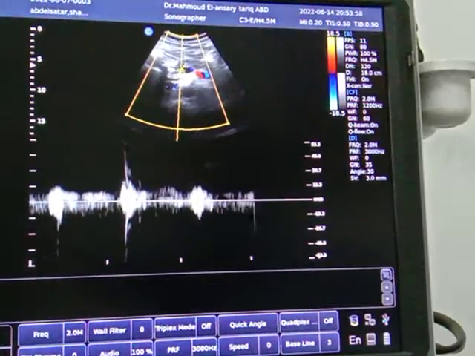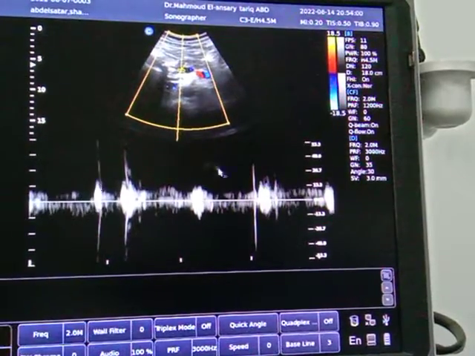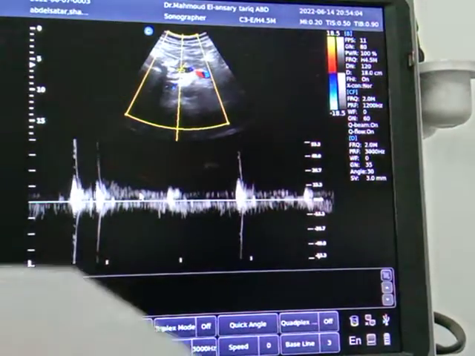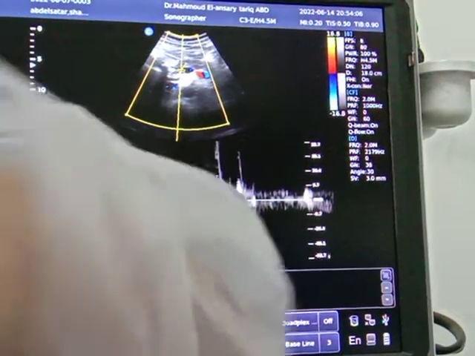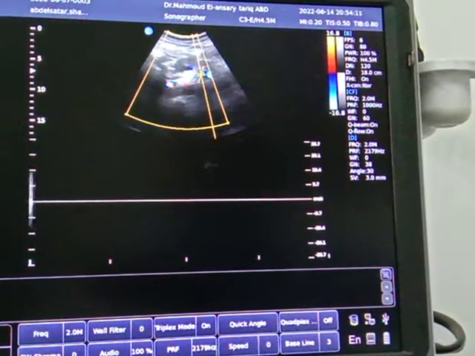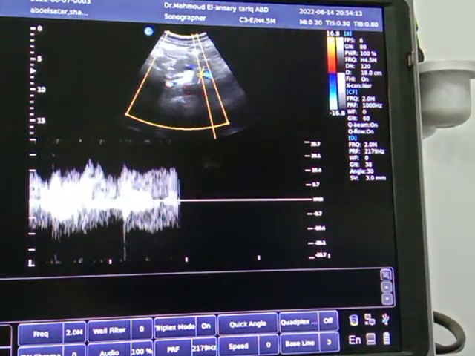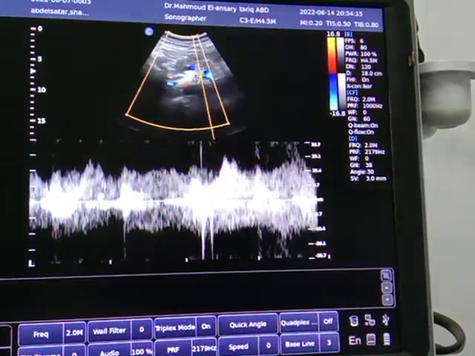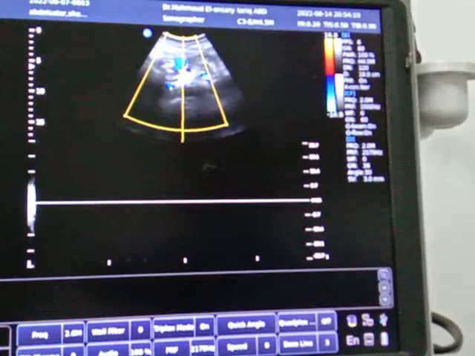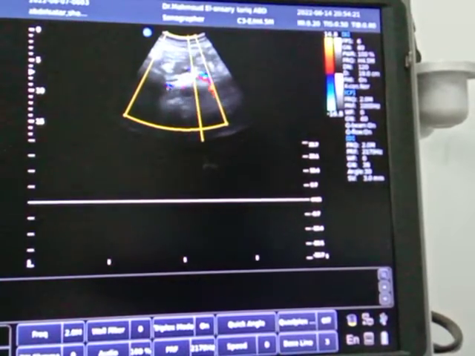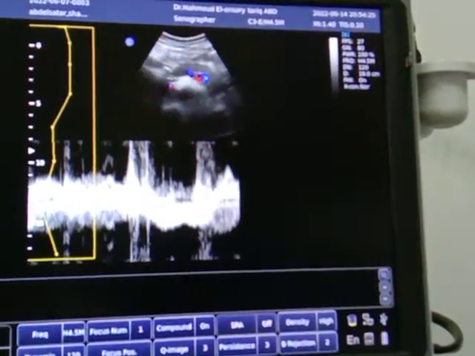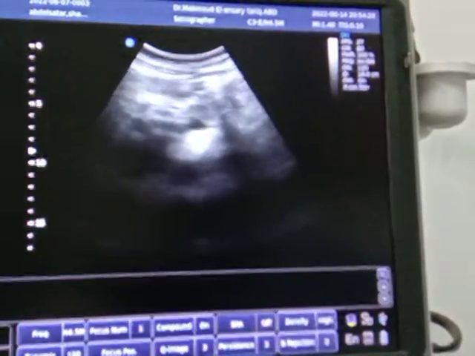As you see, by doing duplex, there is some weak flow. On the contrary, if we move here to the splenic vein, there is high velocity, but if you go there, there is very weak velocity. This confirms our diagnosis of portal vein thrombosis.